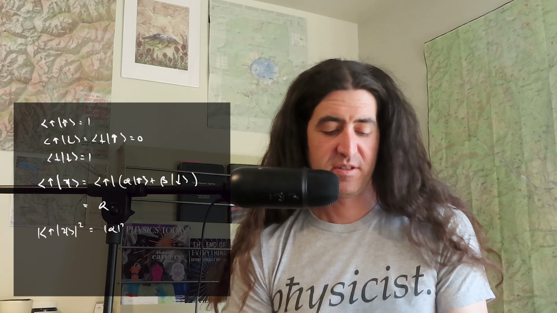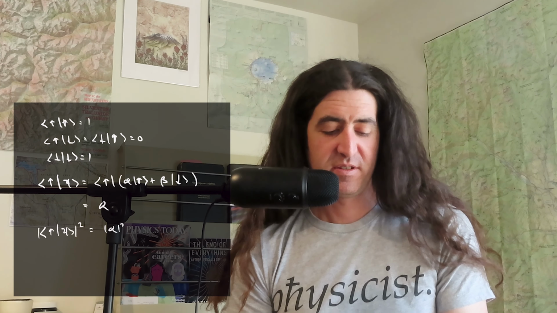Right? Easy enough. So the only thing that we really have to compute now is psi with psi. So let's do that. Psi with psi is the same thing as alpha up plus beta down, now working with the bra vectors, right, or the row vectors, that whole thing acting on psi.